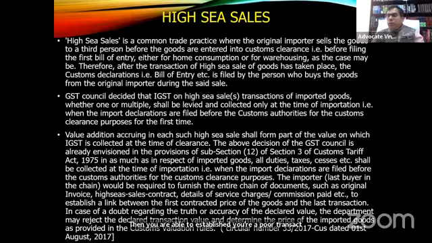Here also, on flimsy grounds, many a time in respect of export of goods, the refund is being denied on the ground that the payment has not been received in foreign exchange. Now, here I wish to point out that with respect to export of the goods, receipt in foreign exchange is not mandatory.